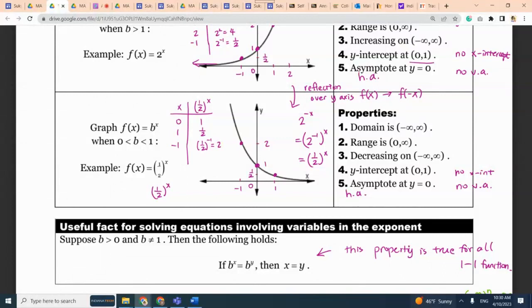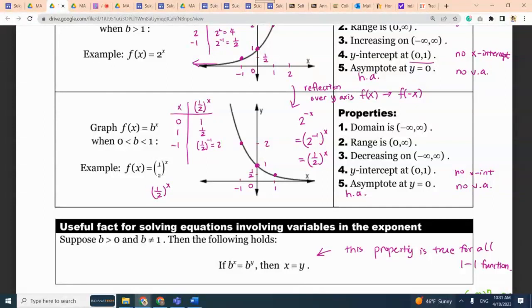If you can remember, the definition of one-to-one was that f is one-to-one if f(a) equals f(b) implies a equals b. So therefore here, this is like f(x), which is b to the x, equals f(y), so b to the y. Therefore, we have x equals y. So this is the definition of a one-to-one function.